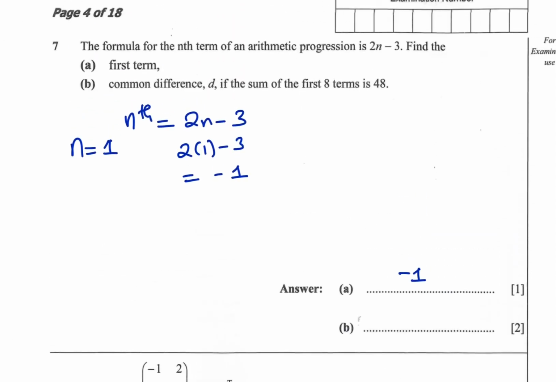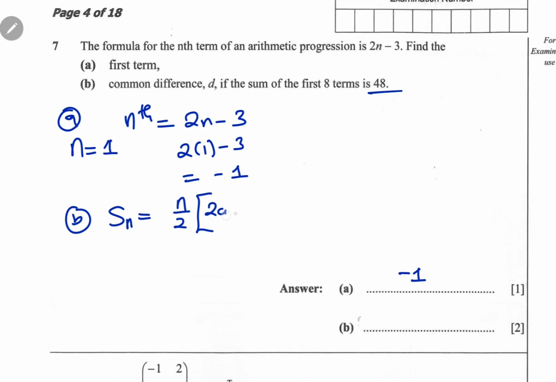Okay, then the second question, which is B, common difference, if the sum of the first 8 terms is 48. So common difference and the sum, what is the relationship that is there? In order to find the sum of the nth term in an AP, you say sum of nth term is equal to n over 2, then 2a plus n minus 1, then multiply d.